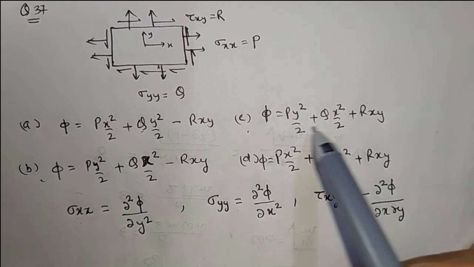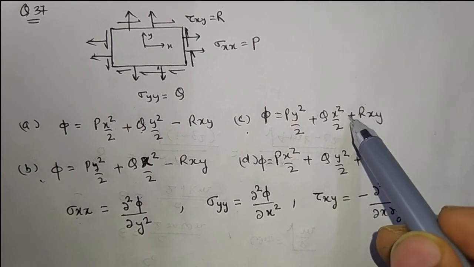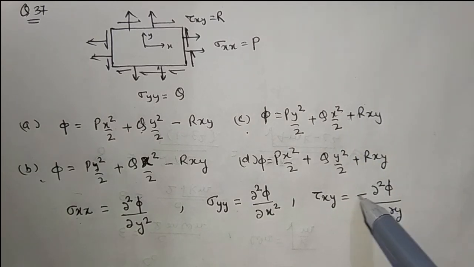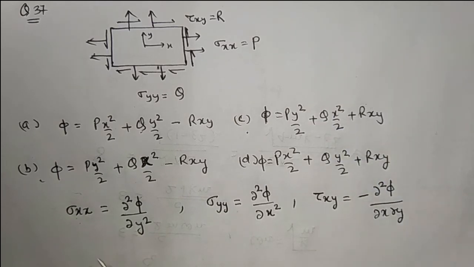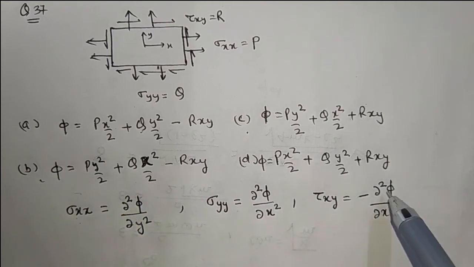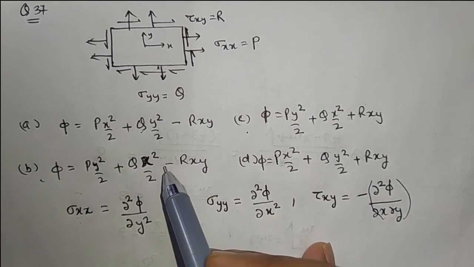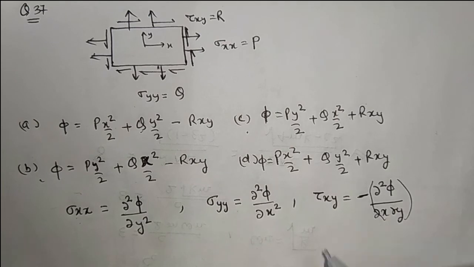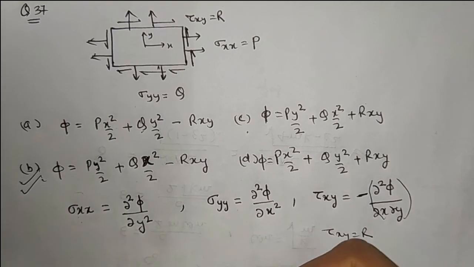If we differentiate option C with respect to x and with respect to y, it will give the positive R, which is multiplied by minus, so this option will give minus R. If we differentiate option B by using this formula, then the differentiation of this term will give minus R, which is further multiplied by this minus sign, then we will get tau xy equal to R. So option B is the correct answer.